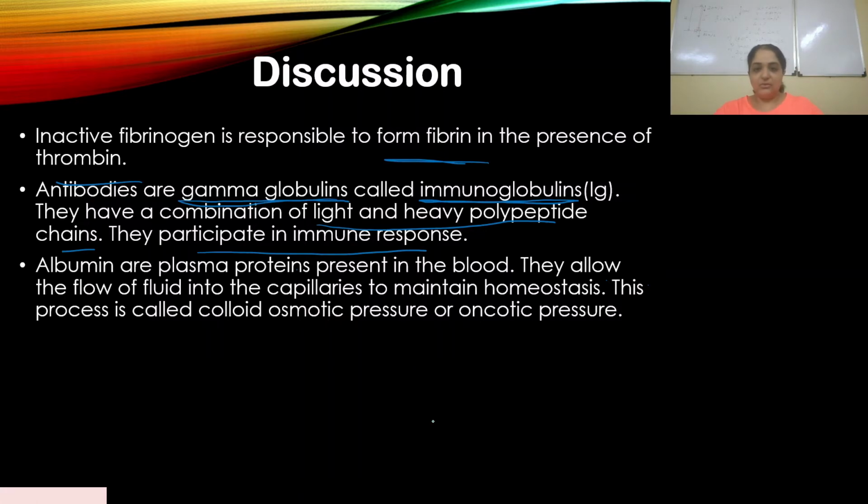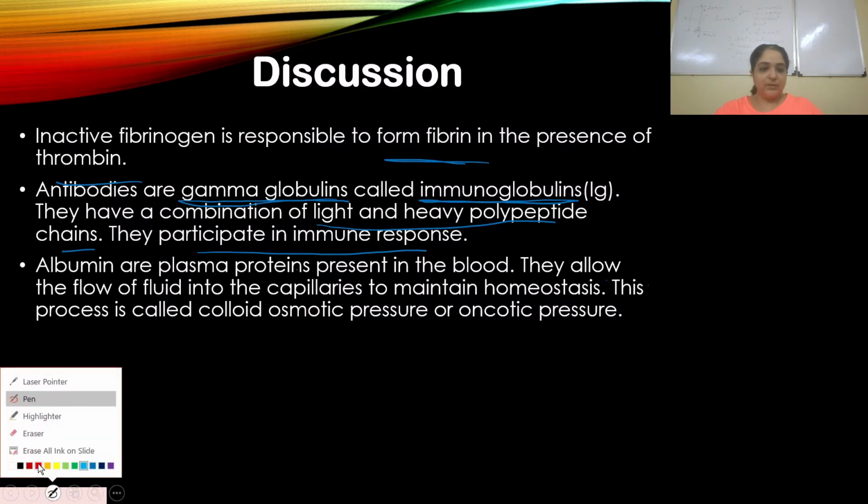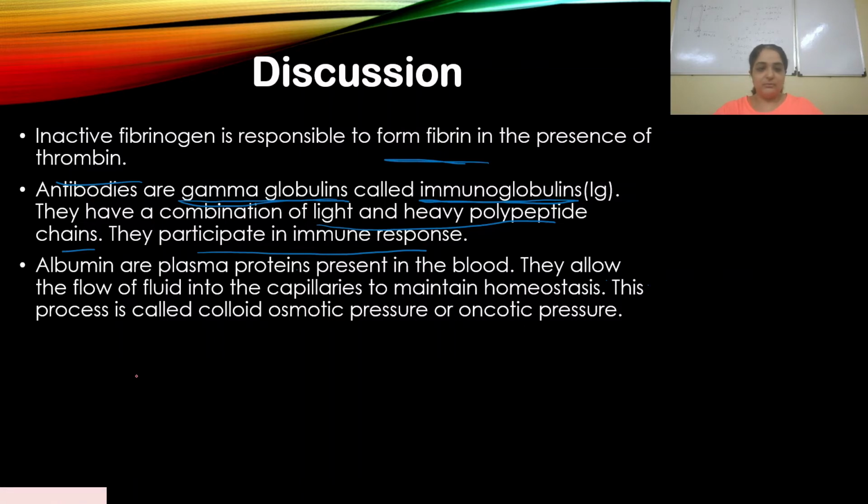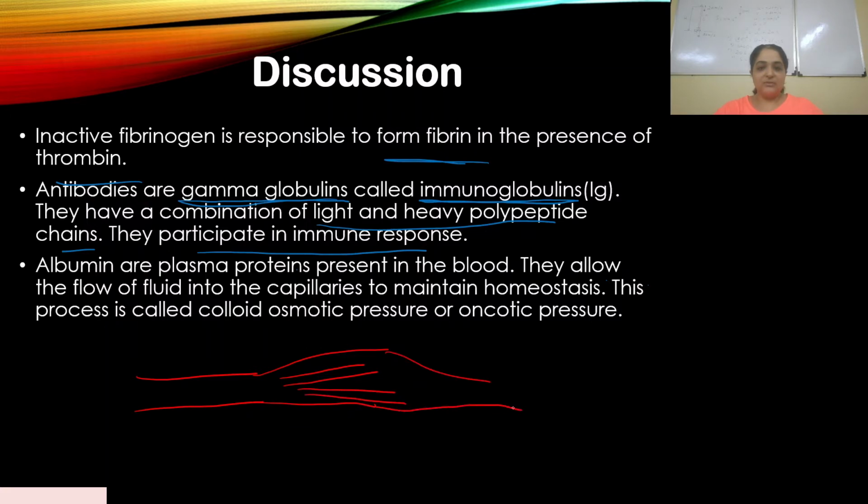Let's say you have a network of capillaries, with arterial blood flow coming in and flowing out as vein.